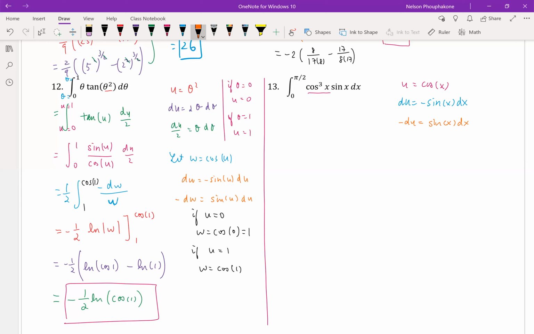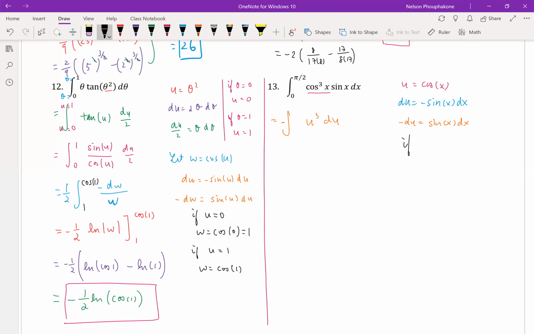Now I will have u to the power 3 with the negative sign, du. So I need to work out the upper and the lower limits.